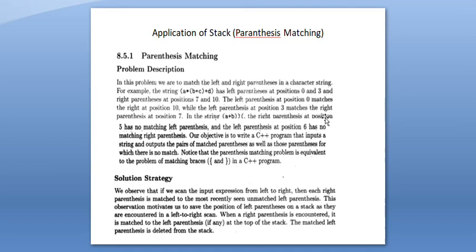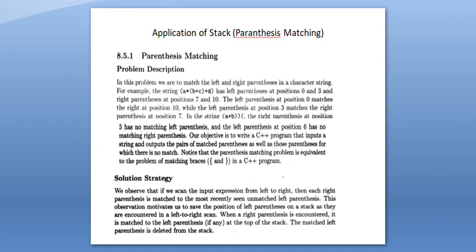So add the element onto the stack and grab that element from the stack whenever you encounter a right parenthesis. The most recently added left parenthesis should be taken out.